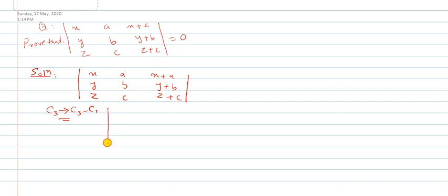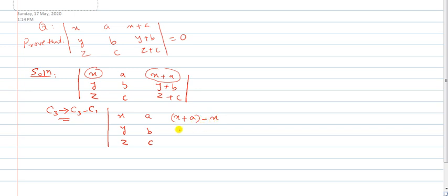Now let us see what we get. Column number 1 remains as it is, column number 2 also remains as it is. Column number 3 I replace by C3 minus C1. So that will be x plus a minus x, y plus b minus y, and z plus c minus z.